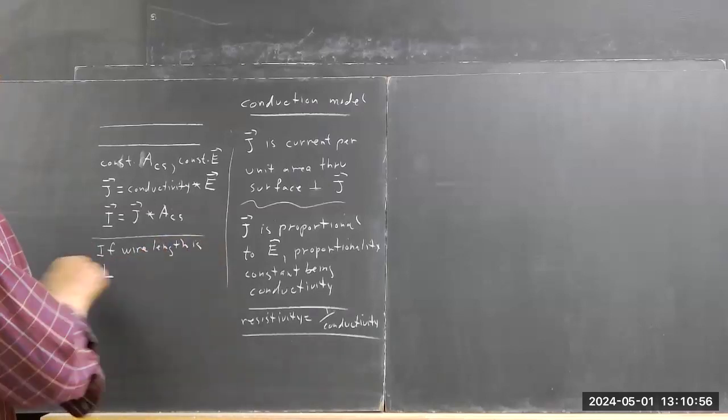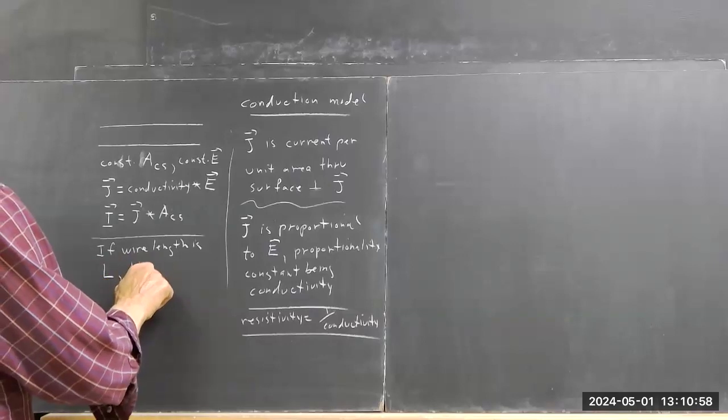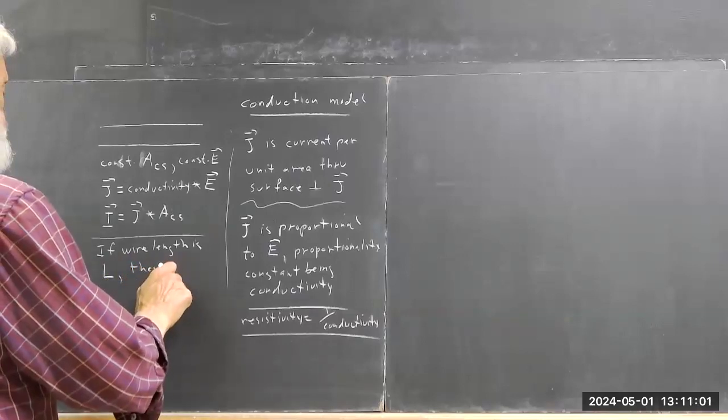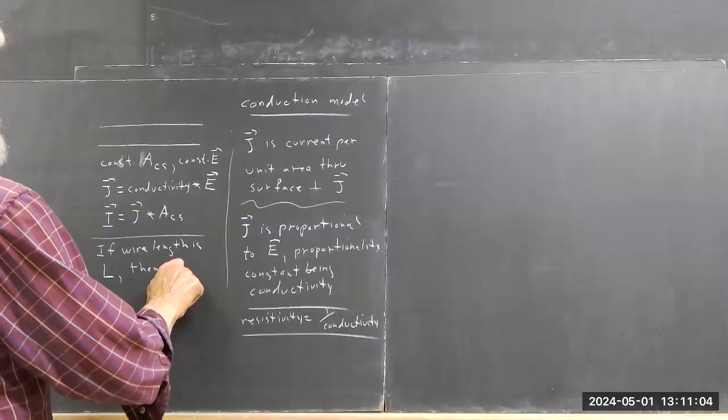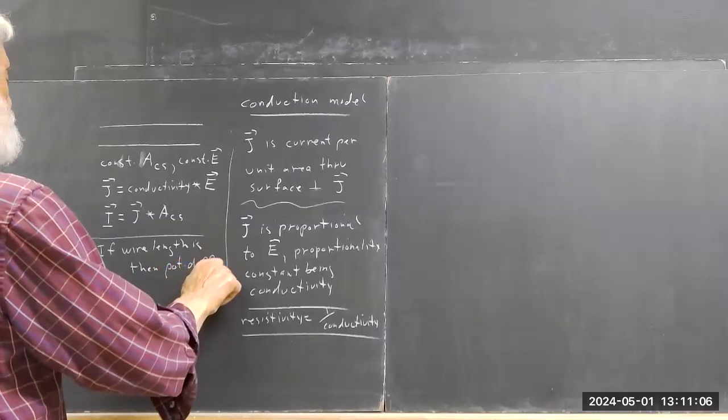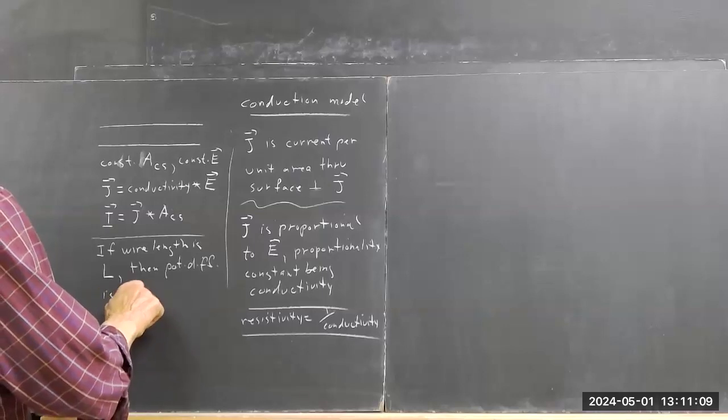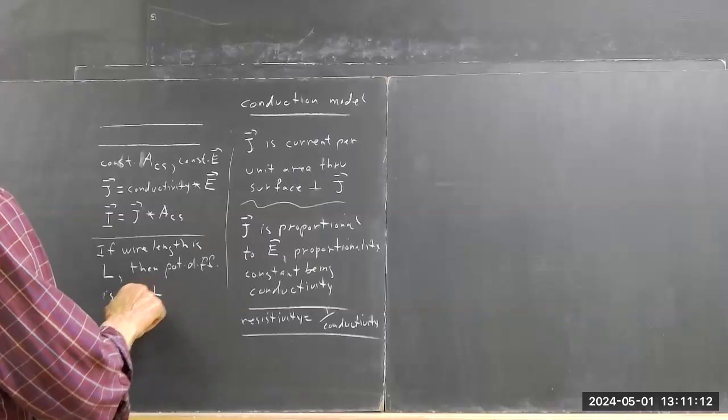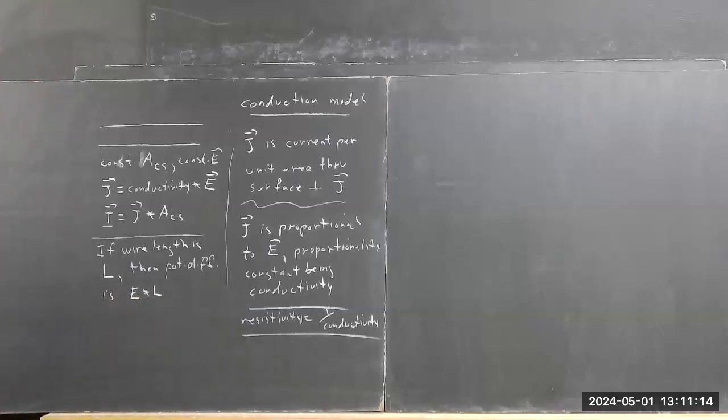If your wire length is L, then the potential difference is E times L. Think about units, if you wish. Voltage is the number of joules per coulomb.